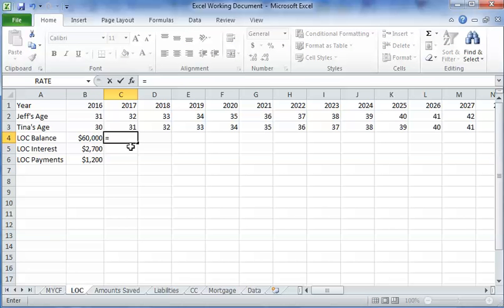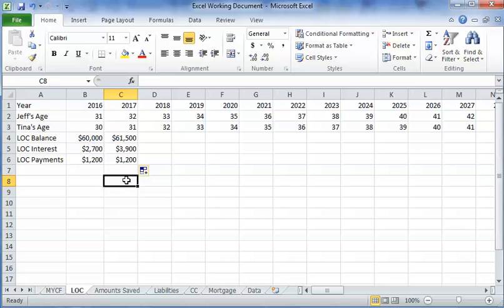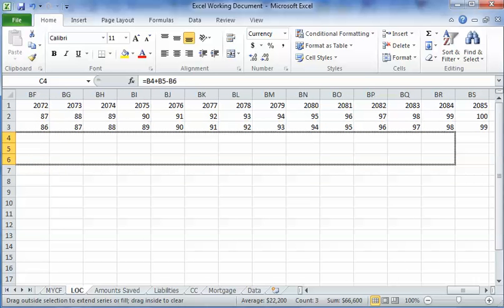So my line of credit balance here is going to be based on the line of credit balance from the previous year, plus the line of credit interest minus the line of credit payments, just like we saw with our credit card. And of course, we can see the line of credit growing here because we're not making enough payments. We'll solve that momentarily.